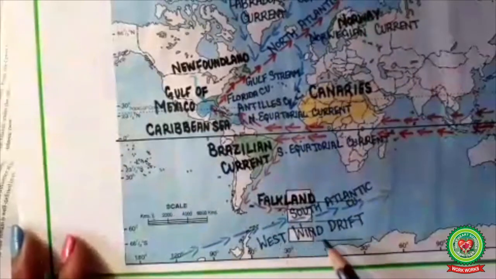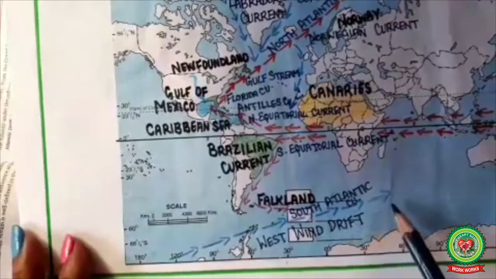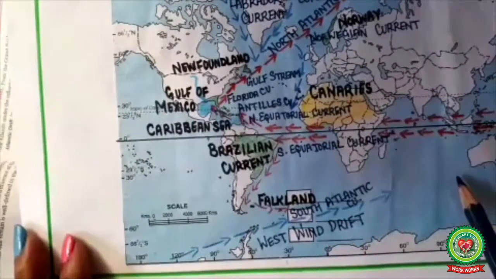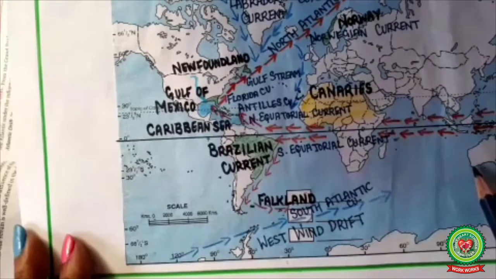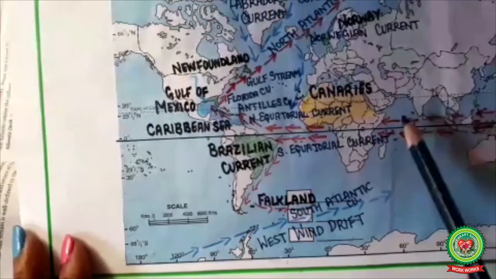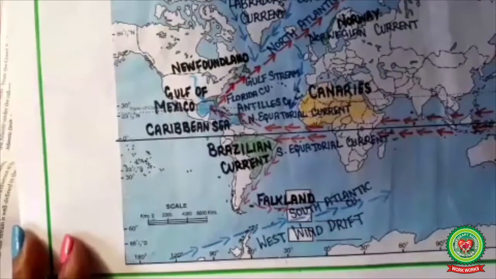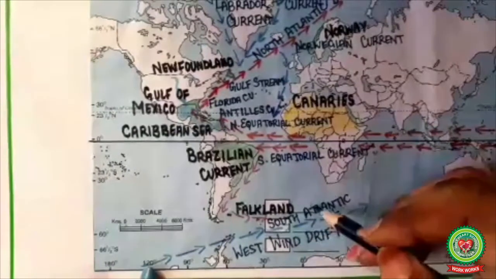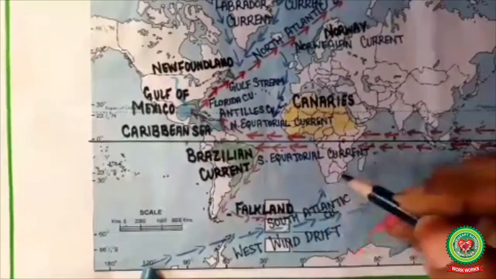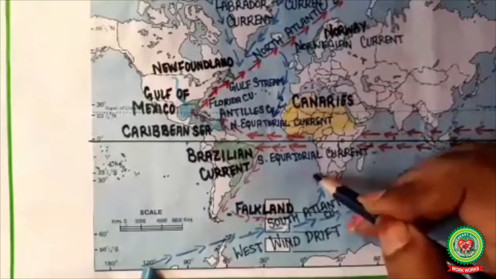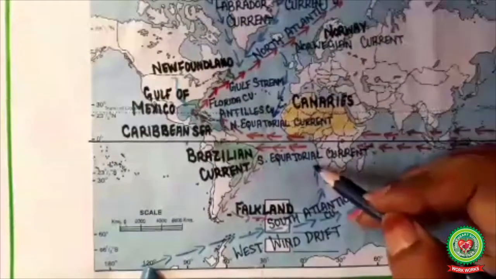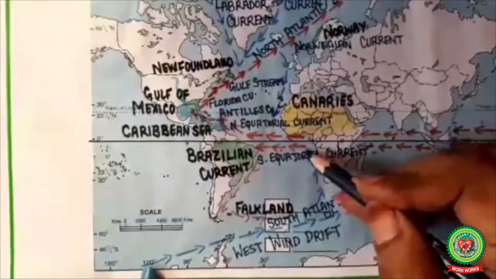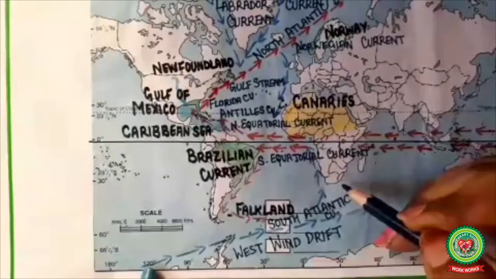The west wind drift crosses the whole Indian Ocean and reaches the western coast of Australia. This we'll discuss in the ocean currents of the Indian Ocean. The South Atlantic current moves towards the north along the coast of Africa. Here it is named as the Benguela current.